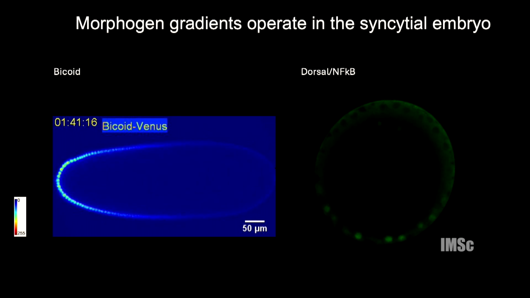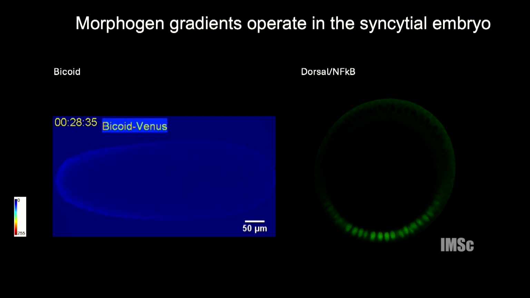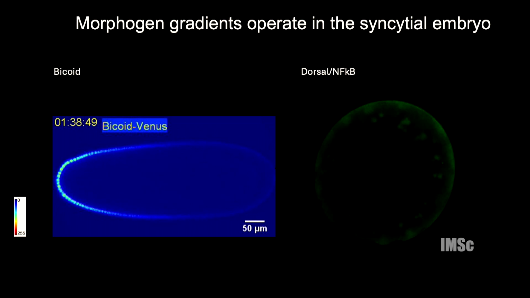Starting here, this is the first division where the nuclei are present, then 11, 12, 13, and after that the nuclei elongate in cellularization. You see accumulation of the signal inside the nucleus, which happens in the interphase stage of the cell cycle. All this happens before gastrulation takes place.